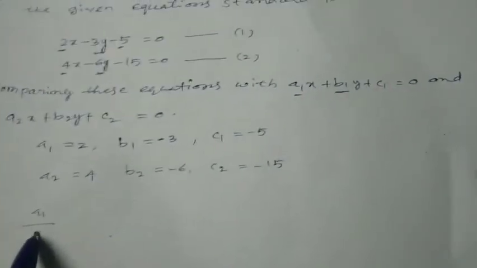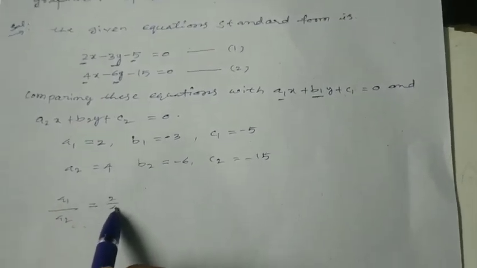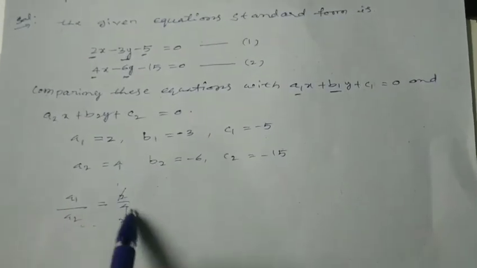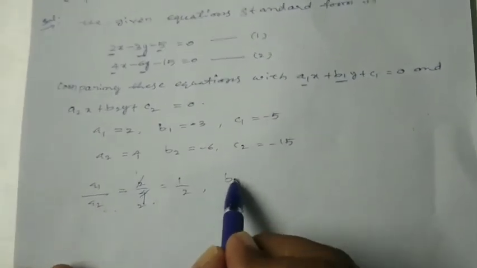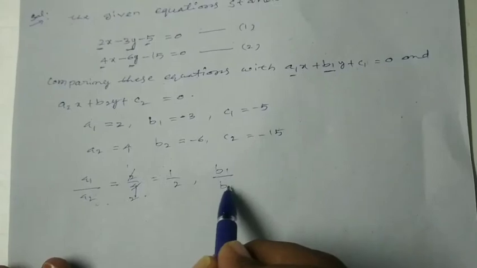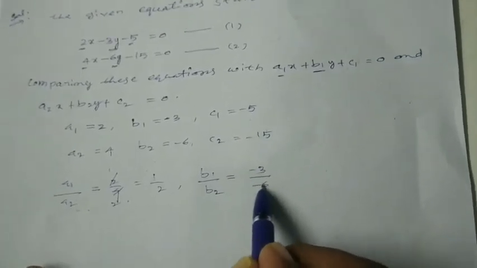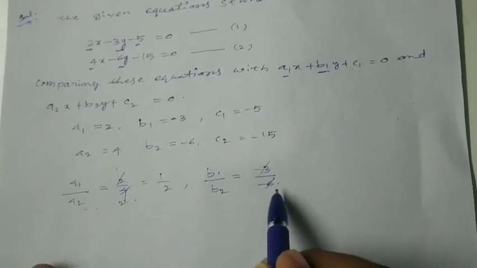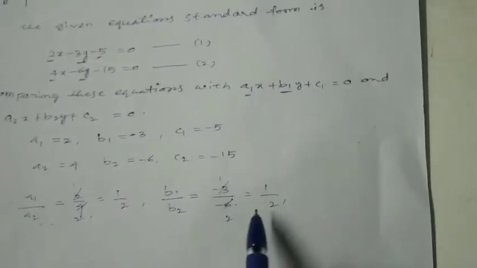Now we are going to compare. a1 by a2 equals 2 by 4. 2 ones are 2, 2 twos are 4, equal to 1 by 2. Next, the ratio b1 by b2 equals minus 3 by minus 6. Minus cancels, 3 ones are 3, 3 twos are 6, equal to 1 by 2 only.